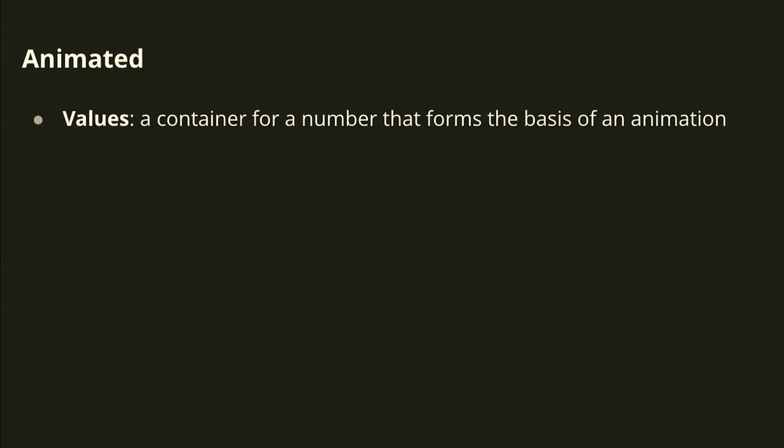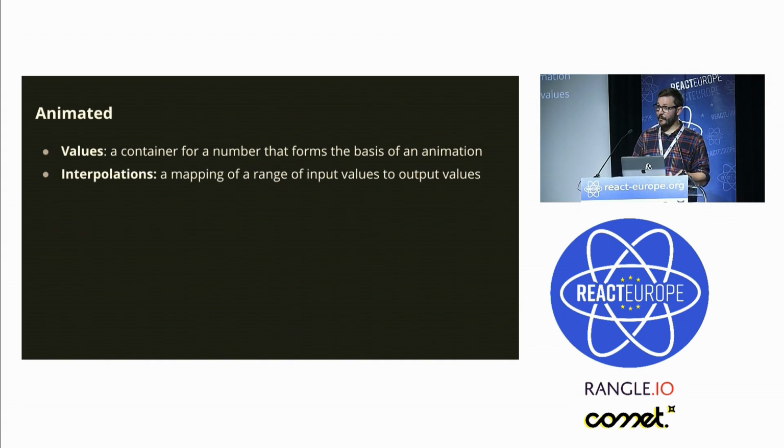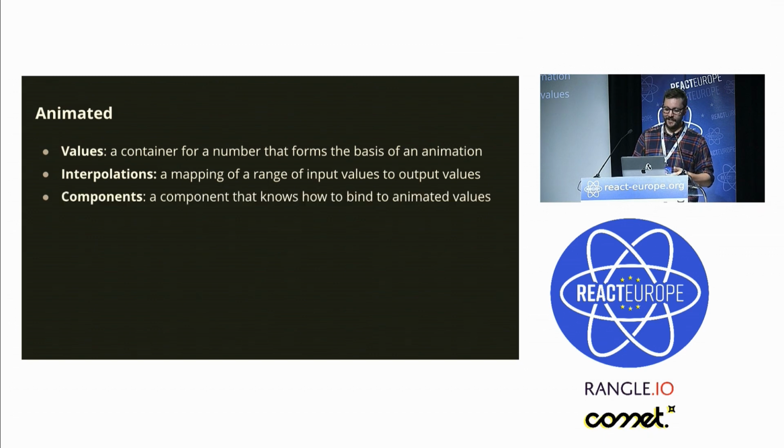So Animated has a few key ideas to map out. We have values, right? As you've seen, a container for a number that forms the basis of the animation. We can interpolate a range of input values to output values on top of an animated value.